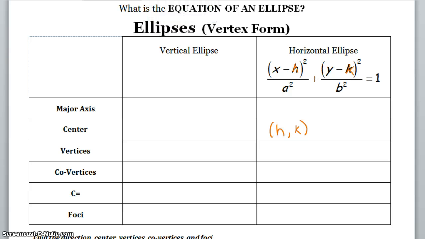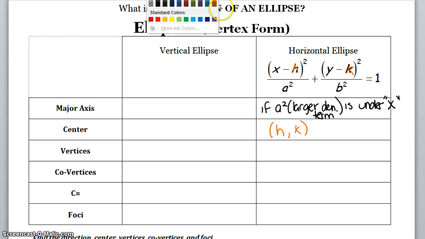Now, another thing is we need to be able to know how to tell that the major axis is horizontal based on our equation. For that, I'm going to look at this a squared value. Basically, if a squared, which will be the larger number, is under the x term, it's going to be horizontal. So let's now talk more about that a squared.